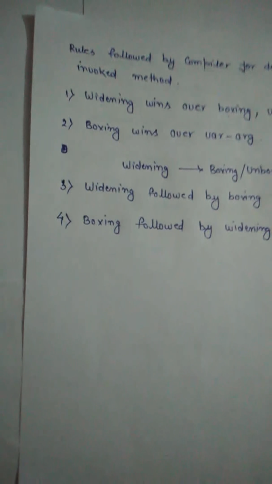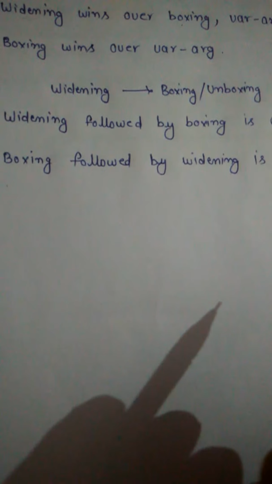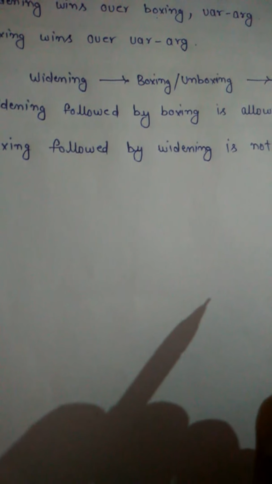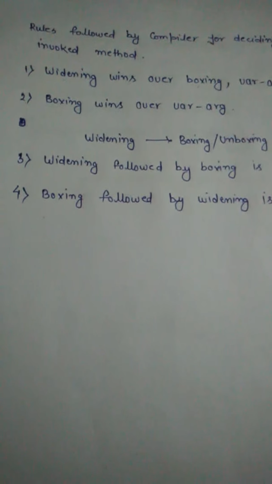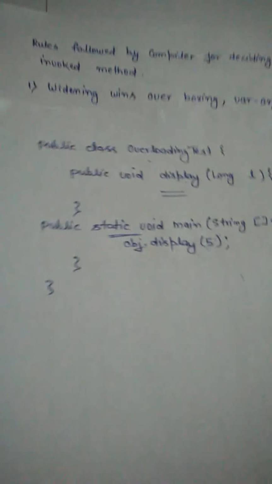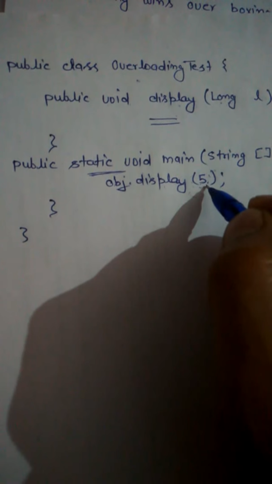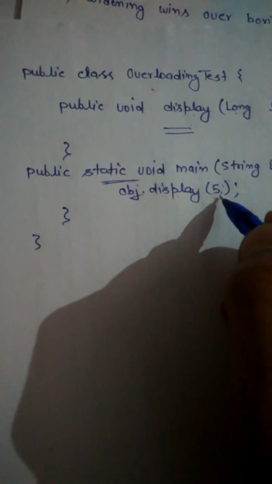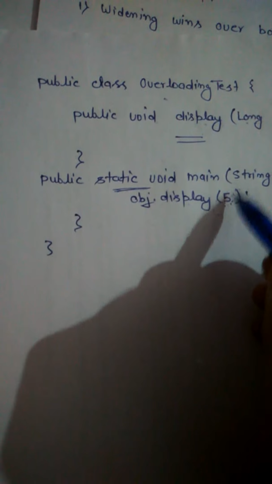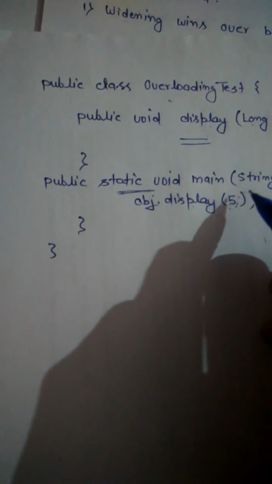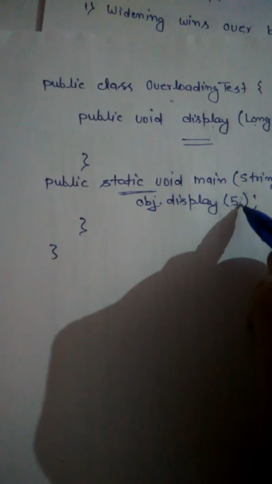We have discussed these two rules. The third rule says widening followed by boxing is allowed, and the fourth rule says boxing followed by widening is not allowed. What does it mean? If it doesn't find the exact match, in the same example, widening is not possible because it's a primitive integer and there is no method accepting its widened type.